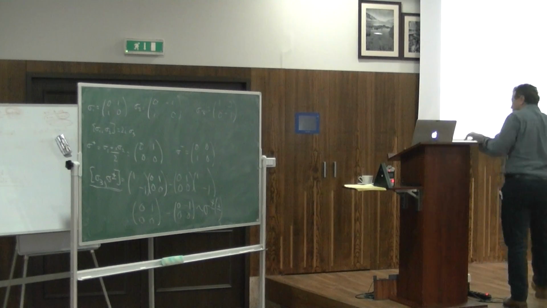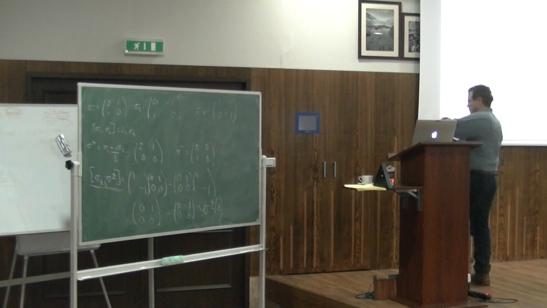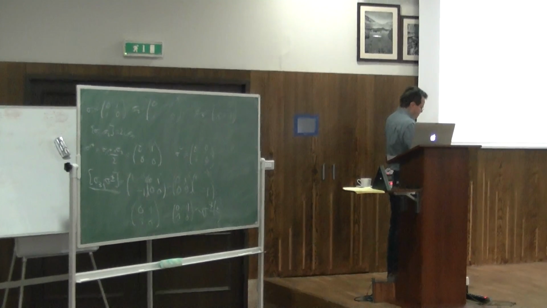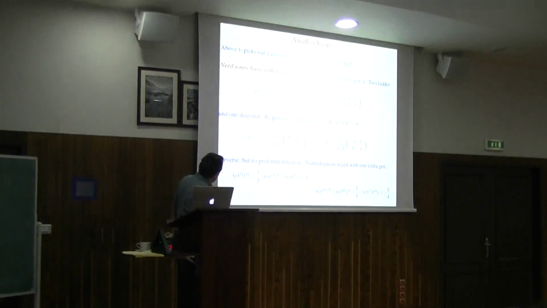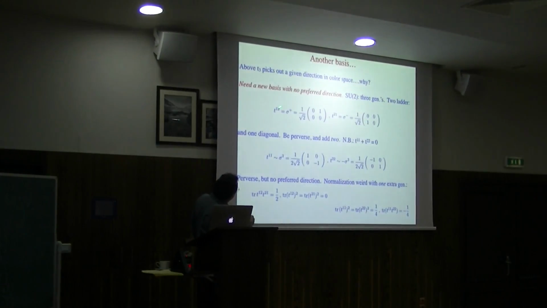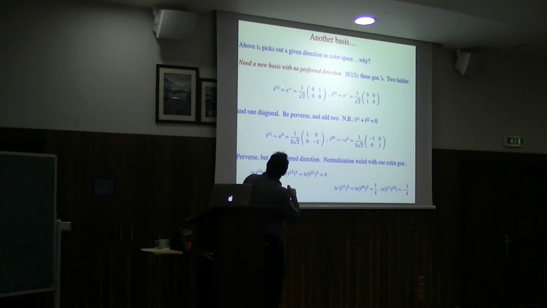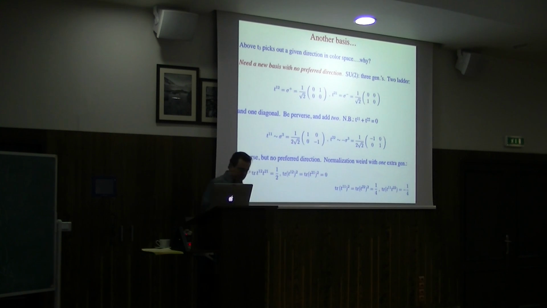As I mentioned, I've defined one of these sigma plus to be T12, and the reason for that is this is the first row and the second column. T21 is the second row and the first column, and you'll see later how that comes about.